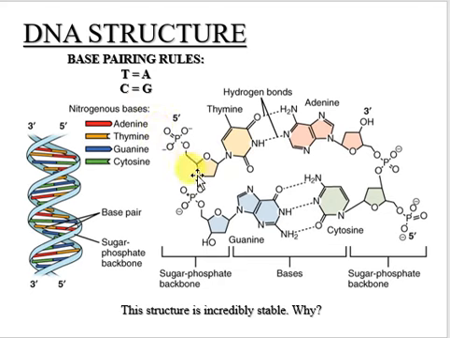But you have the phosphodiester bonds occurring along the sugar phosphate backbones of your nucleic acid. And then the nitrogenous bases will base pair together via hydrogen bonds. Thymine base pairs with adenine, guanine base pairs with cytosine. So this is for DNA. In RNA, you have uracil instead of thymine.